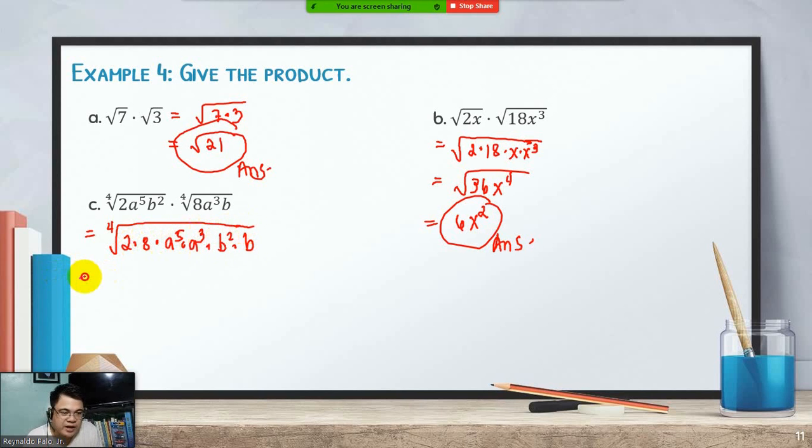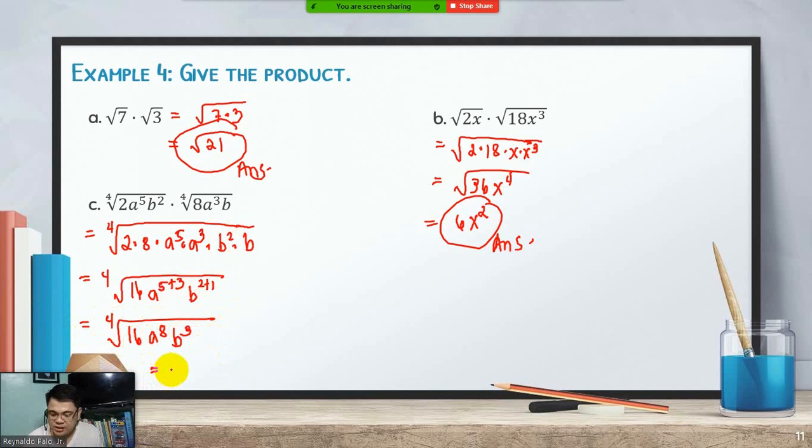Or we can write this as 4th root of 2 times 8 is 16. Then multiplication law, this will become a raised to the power of 5 plus 3. Then b raised to the power 2 plus 1 because b has exponent of 2 and the other has 1. Then 4th root of 16 a raised to the 8th power b raised to the 3rd or cube.